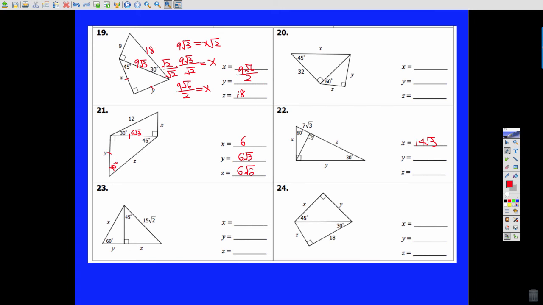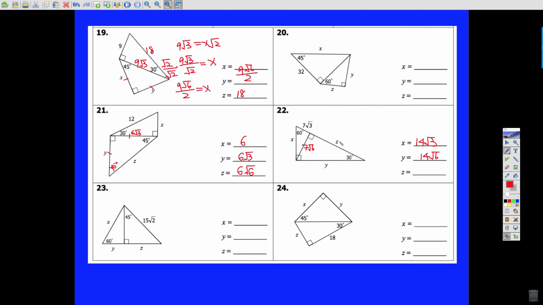And on this side, whatever the short leg is, I multiply by root 3. So that's 7 root 6. Now, this 7 root 6 is also the short leg in the bigger right triangle. Therefore, the hypotenuse, which is y, would be twice as much. So that would be 14 root 6.